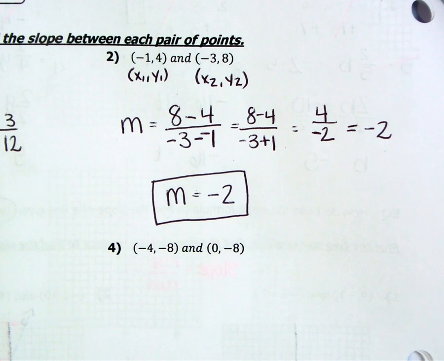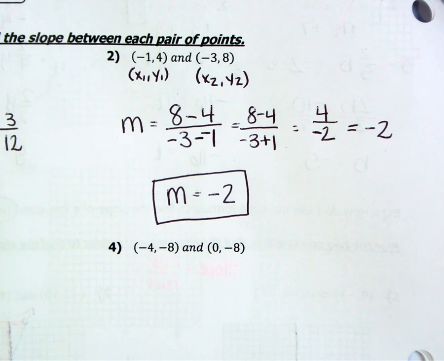If I had to write this as a fraction, what could I write it as? Negative 2 over what? 1. So I would be rising 2 and running 1. Just a little extra.